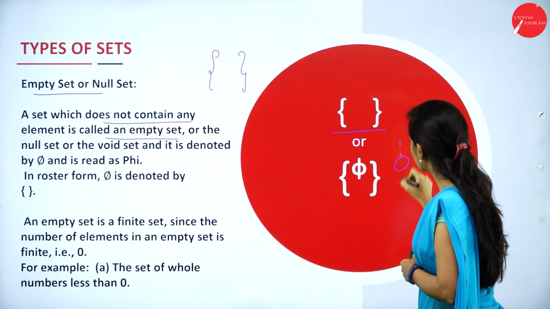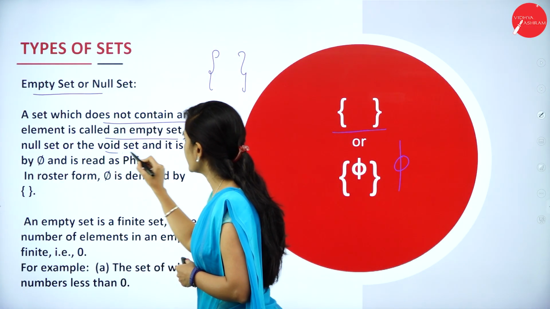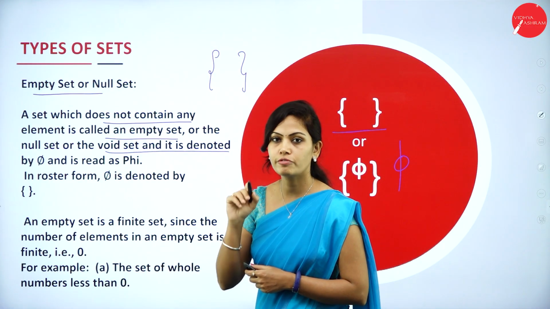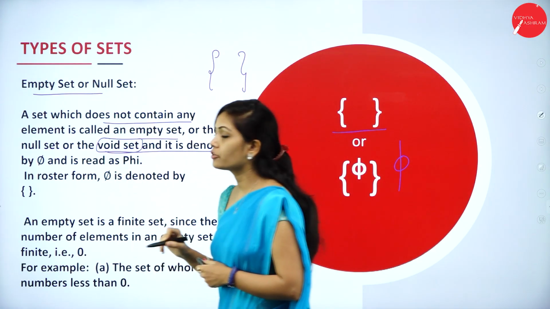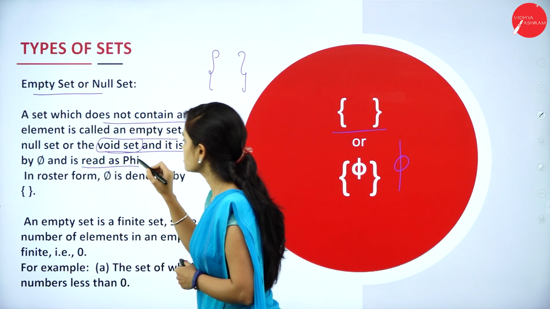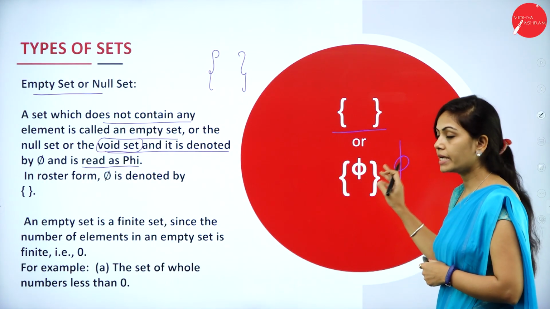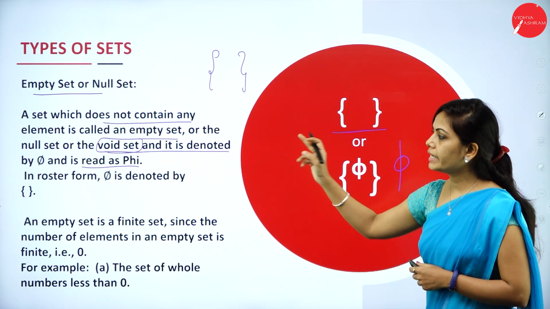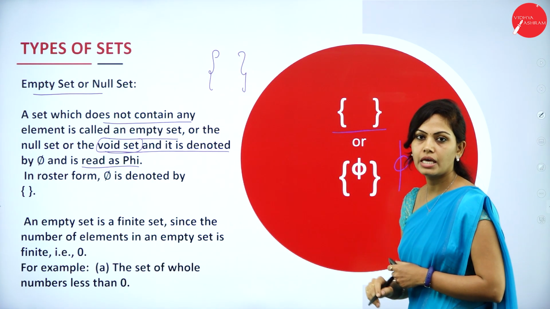We can represent it by phi, the null set or the void set. Null set is also known as empty set or void set, and it is read as phi. This symbol is the phi symbol.